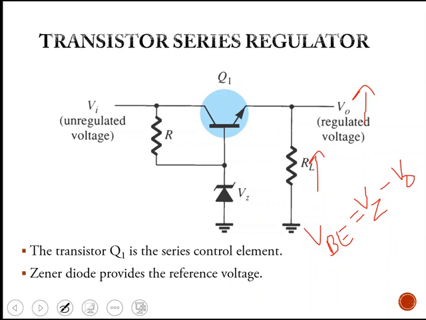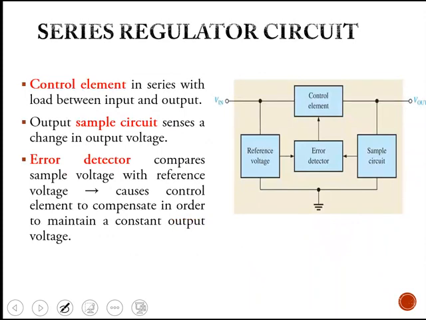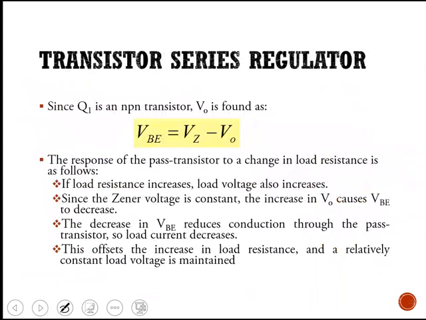So here you don't have a sampling circuit to adjust the output voltage, you don't have a different circuit. So as we have seen in the block diagram, we will try to include a sampling circuit. What is the sampling circuit used here?